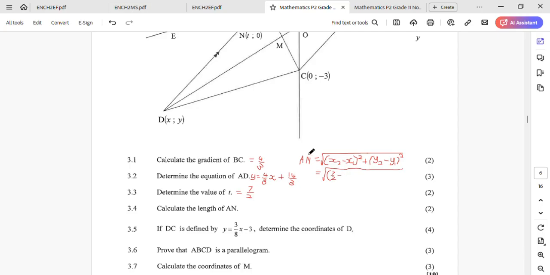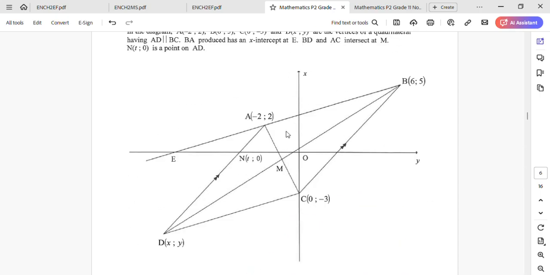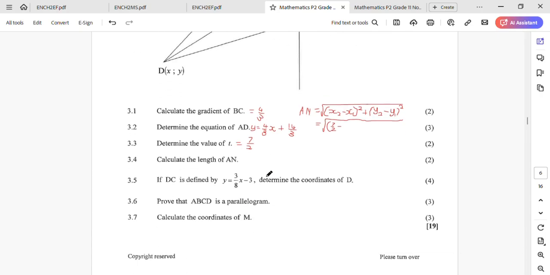Minus. It's minus 7/2 actually. It's not positive, it's negative. Okay, let me just go like this.